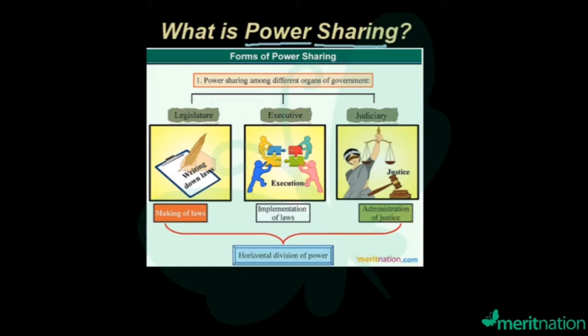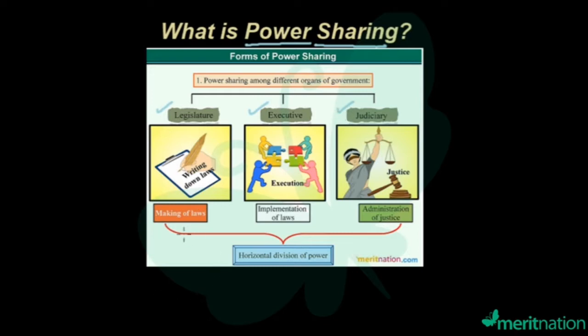Now, I talked to you about the sharing of power or the responsibility of each subject teacher in school, right? If we compare that model with the functioning of the government in India, the government is divided into three organs: the legislature, the executive, and the judiciary, similar to the maths, science, and social science teacher, right?